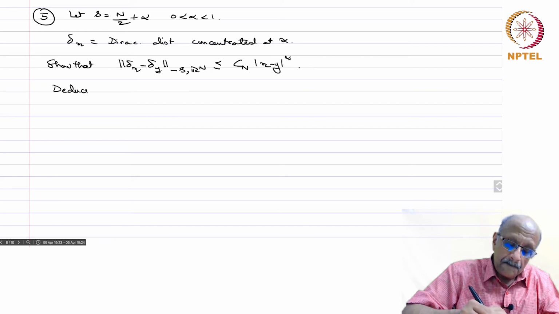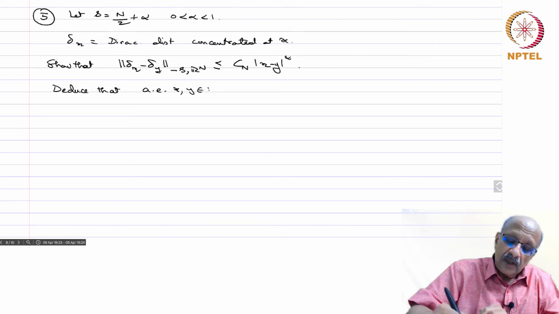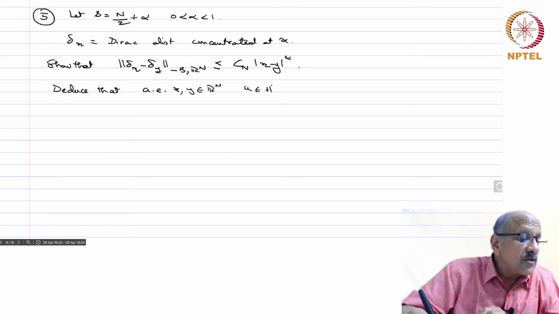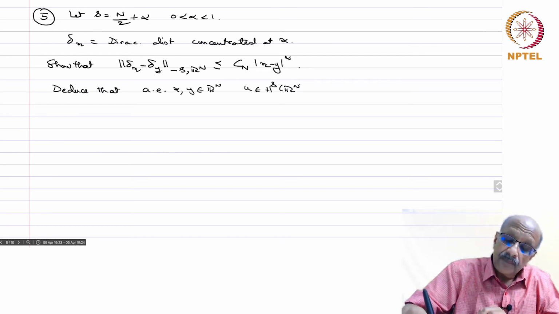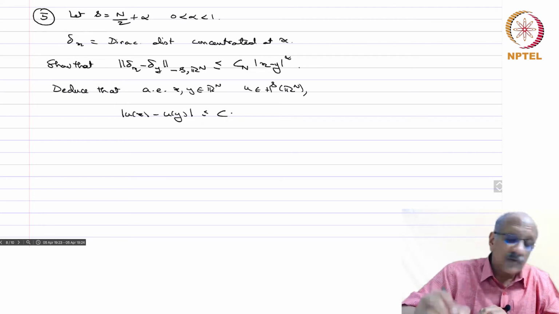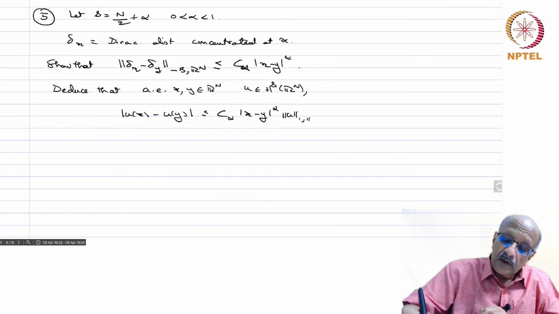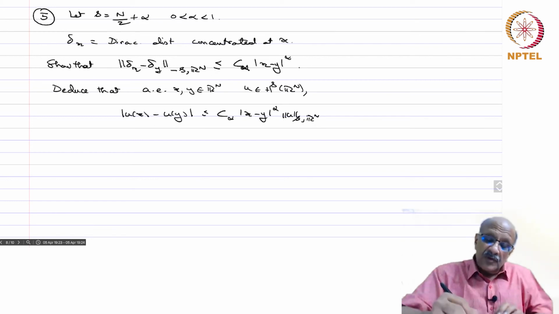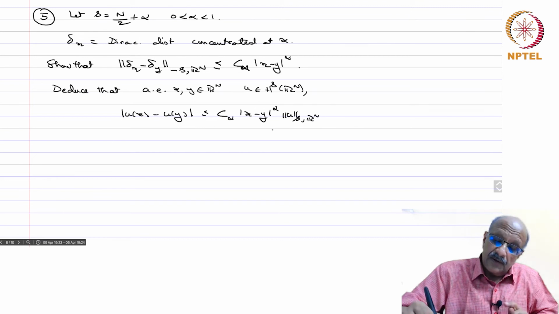Deduce that for almost every x, y in Rn, and u in H^s(Rn), we have |u(x) minus u(y)| is less than or equal to C_alpha |x minus y|^alpha times the norm of u in H^s(Rn).